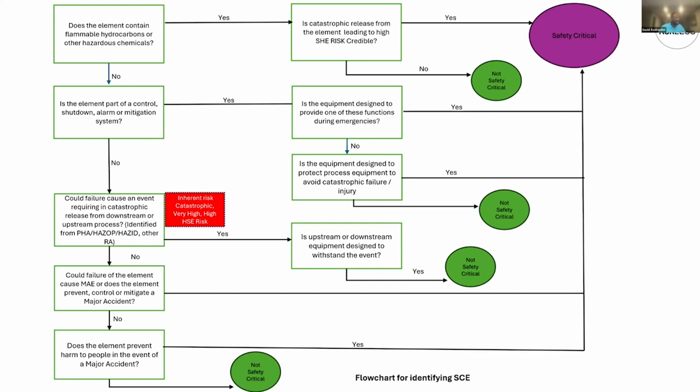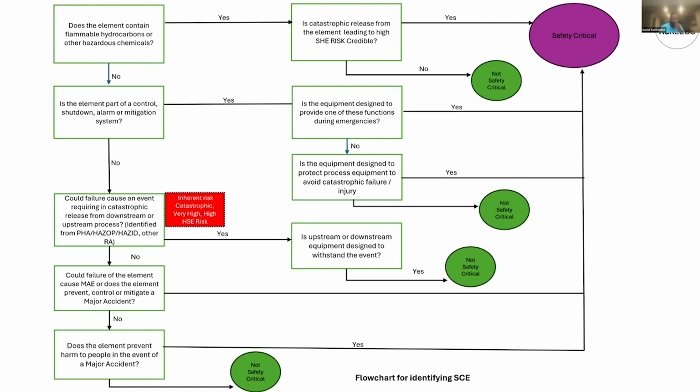Now, if you go back to the left-hand side again, to ask the question, is the element part of a control, shutdown, alarm, or a mitigation system? And if it's a no, the next question is, could the failure cause an event requiring catastrophic release from downstream or upstream? This event is identified during PHA, HAZOP, HAZID, or other risk assessment, and is an inherently catastrophic incident.